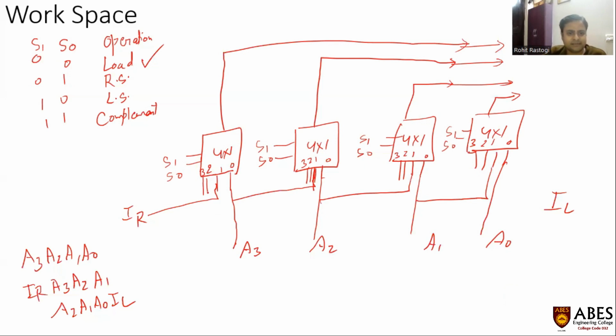Then at the 1, 0 combination we want A2, A1, A0, and the external input IL.